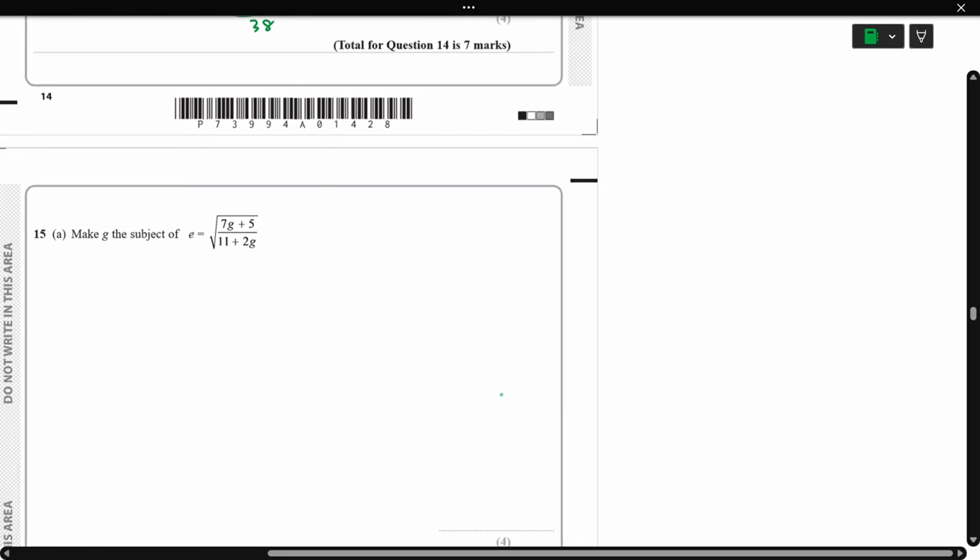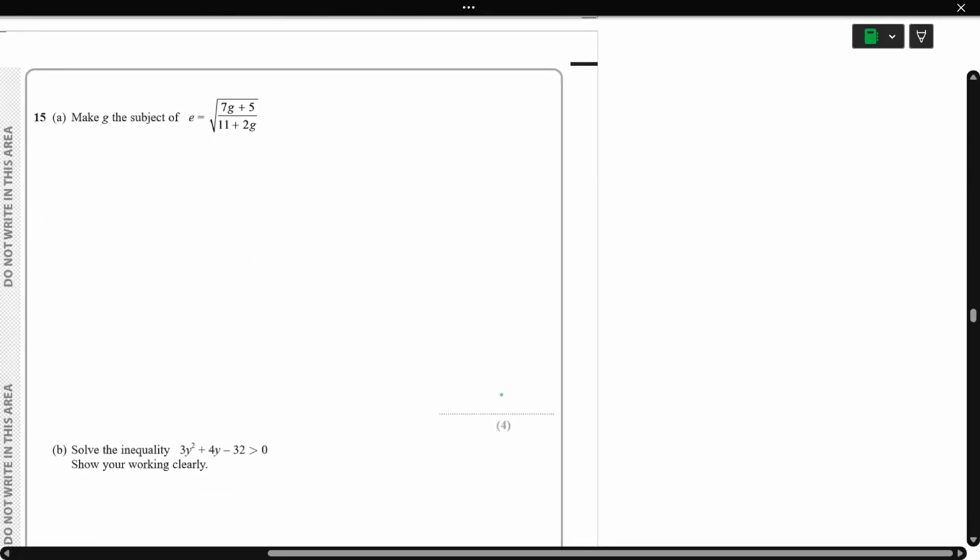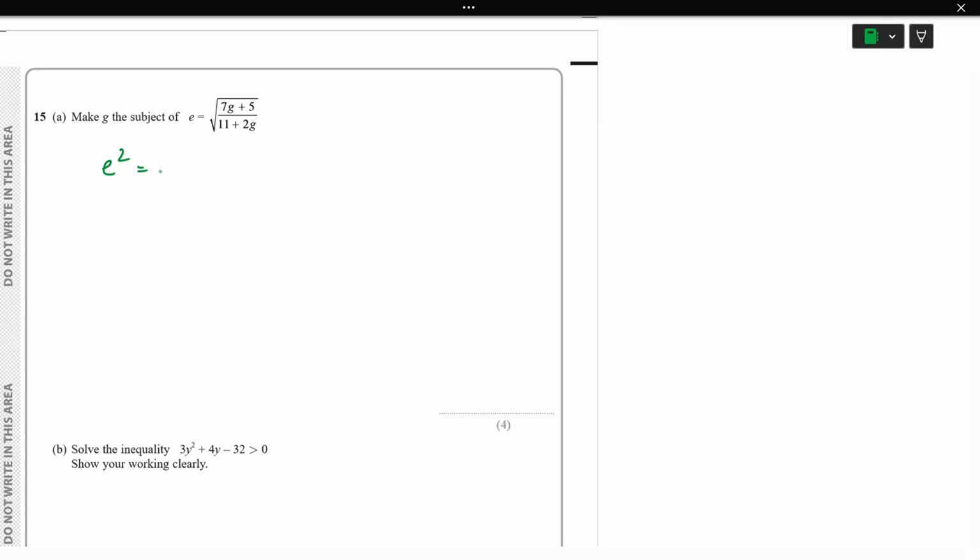Okay, the next question: make g the subject, where E equals the function given. I'll square both sides, so the square root is gone. E squared equals (7g plus 5) over (11 plus 2g). Cross multiply: E squared into (11 plus 2g) equals 7g plus 5.